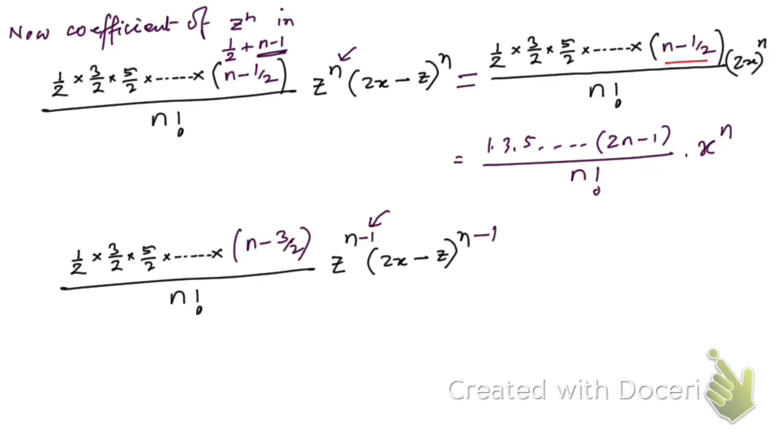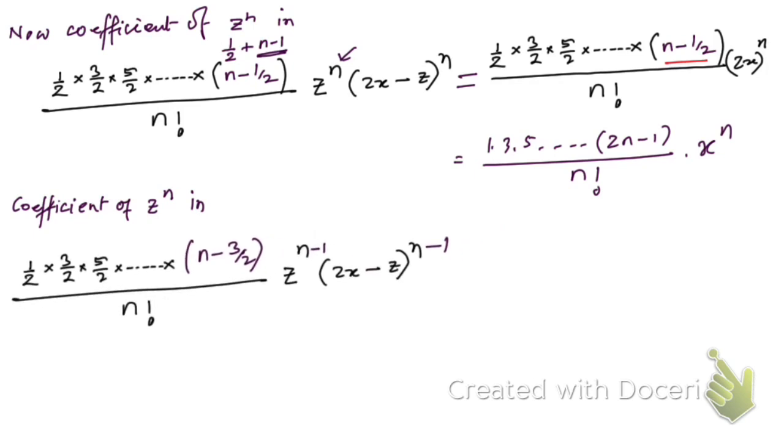So similarly, if we take the coefficient of z to the power n in this term, then what are we going to have? Now you see here, if you expand this, the first term will be twice x whole to the power n minus 1, and the next term will contain z to the power 1.